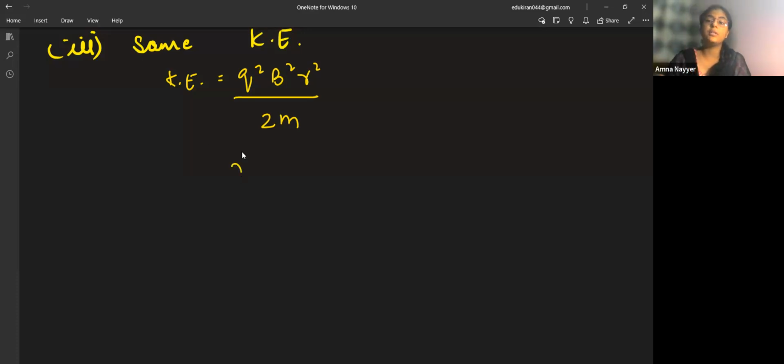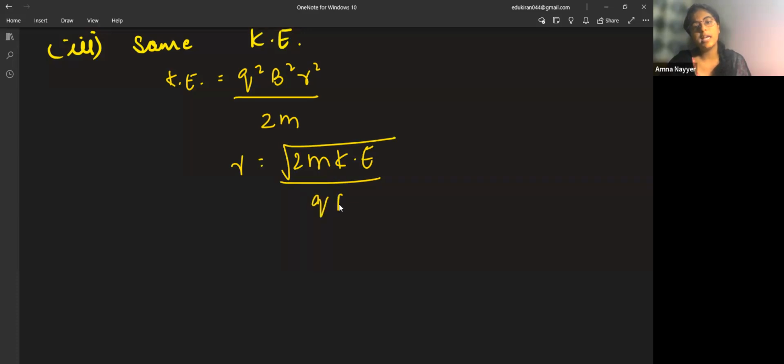What is the formula of radius from here? If you solve it, this becomes under root 2m kinetic energy by Q square B square. The square will get cancelled from the square root. So the radius will be under root 2m kinetic energy by Q square B square.